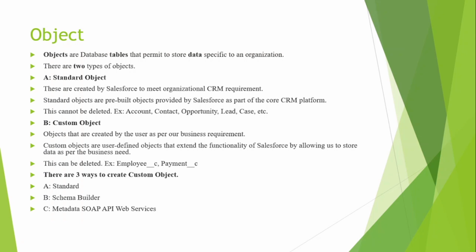We can't create standard objects. Standard objects are pre-built objects provided by Salesforce as a part of the core CRM platform. Core CRM platform means it is already designed and given to us, so most of the requirements are covered.